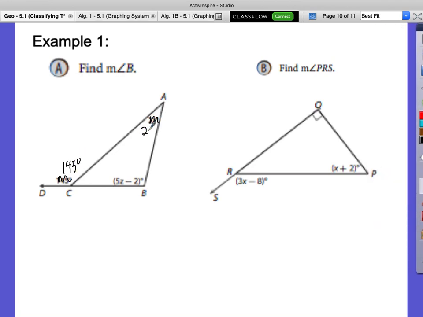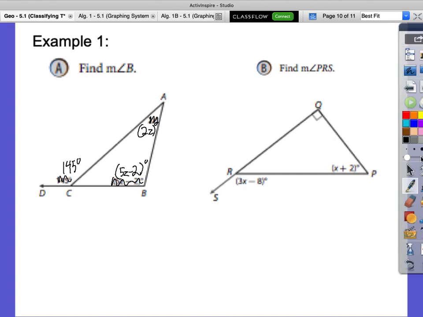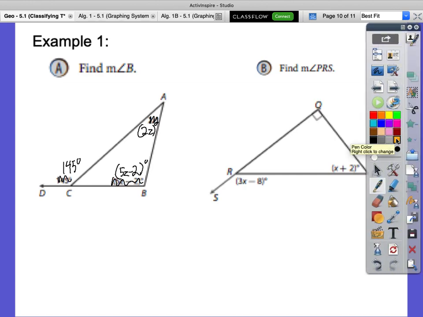This is supposed to be 2z, and this is supposed to be 5z minus 2. Doesn't matter, just change it up. So this is 145 degrees out here, and these two interiors are 5z minus 2 degrees and 2z degrees.